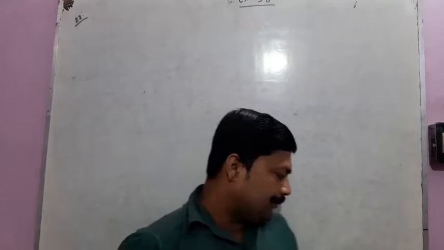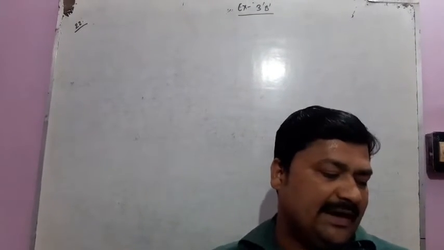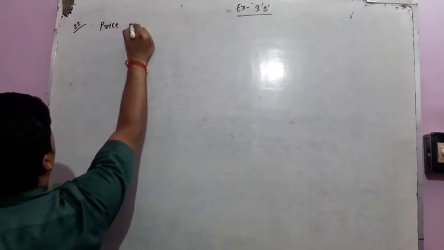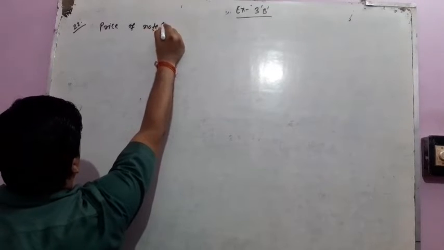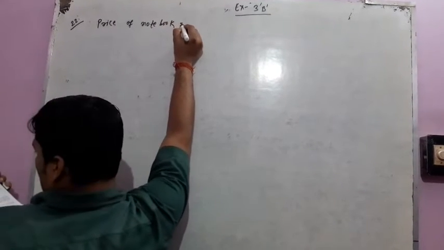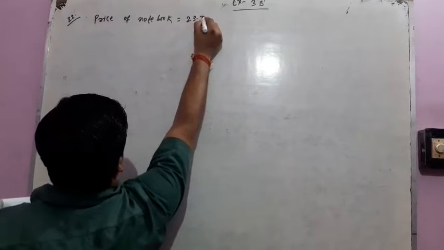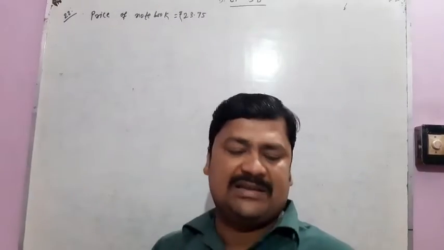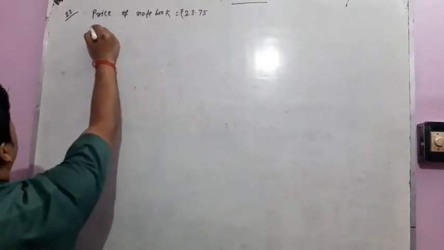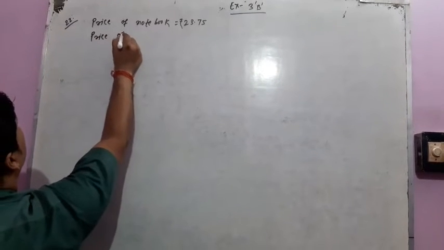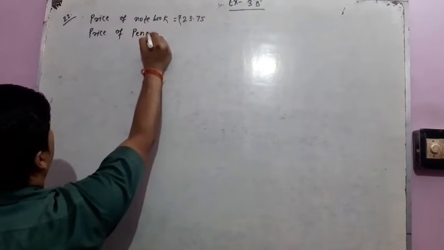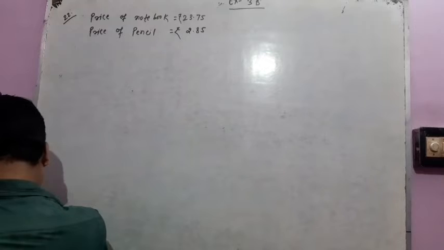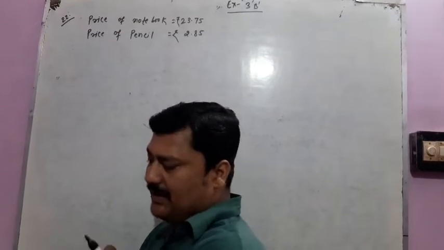Now in question number 22, Rohit purchased a notebook of 23.75 rupees, that is the price of the notebook given here, and a pencil for rupees 2.85, the price of the pencil here, and a pen for rupees 15.90.